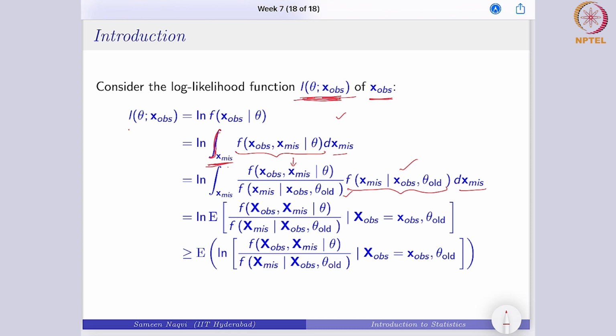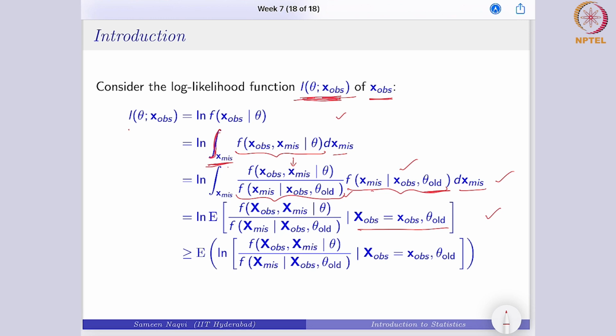It's the conditional probability of the missing data given the observed data and the previous estimate of the parameter, that is theta old. Now this can also be written as the expectation. So we have written expectation of this quantity given x observed and theta old. So you are given the observed data and the previous estimate of the parameter.